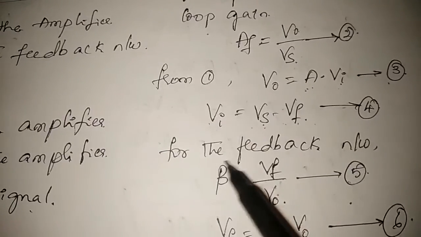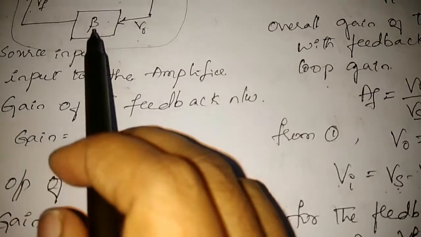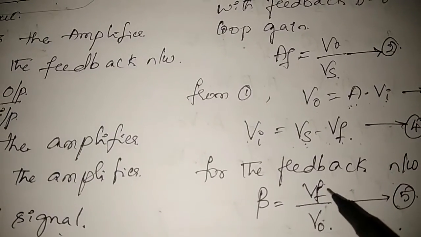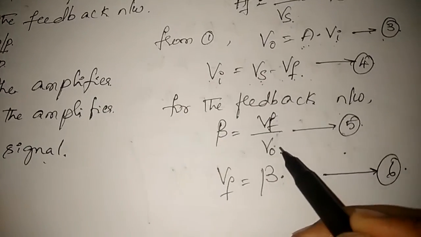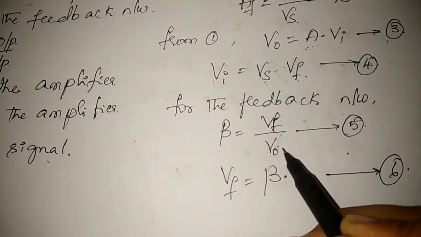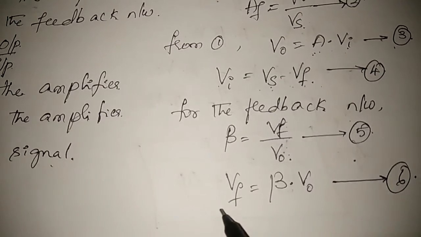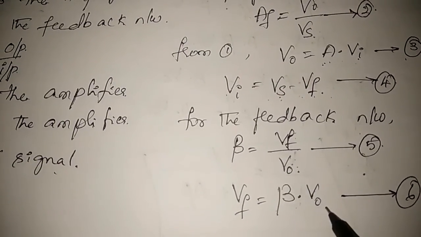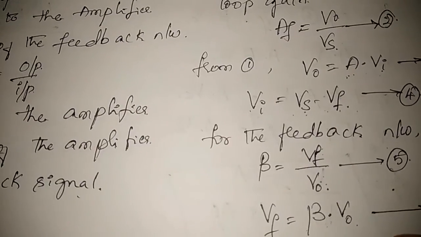Now for the feedback network, I can write the gain as beta is equal to Vf, that is output, divided by the input V naught. Now from this we can write Vf is equal to beta into V naught. Now I'll make the substitutions to get the overall gain of the amplifier.